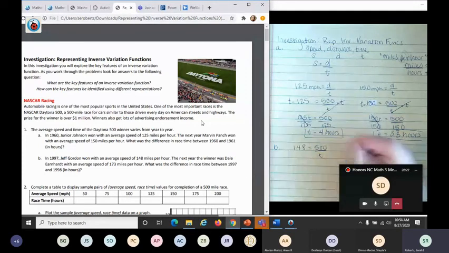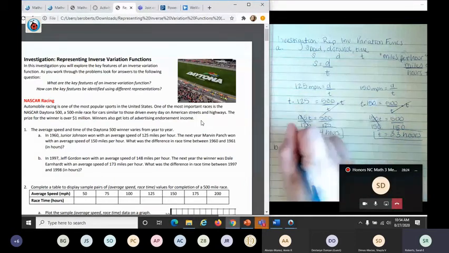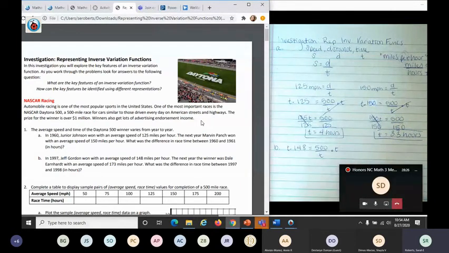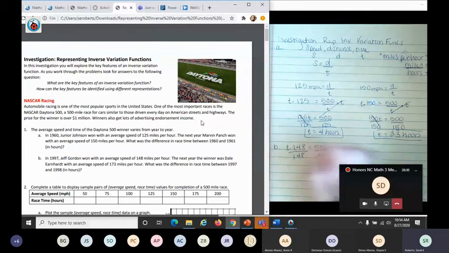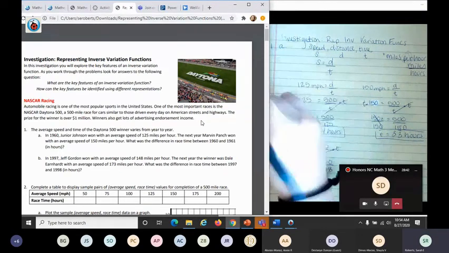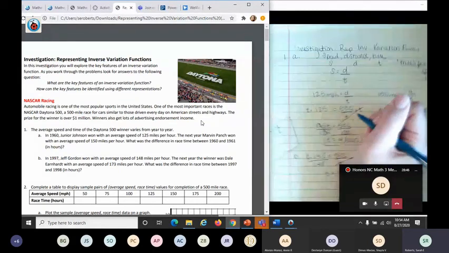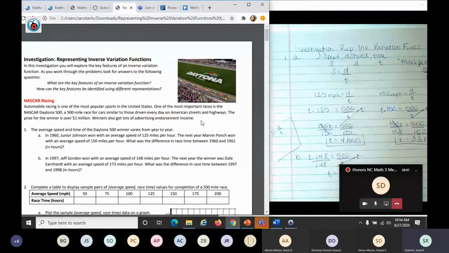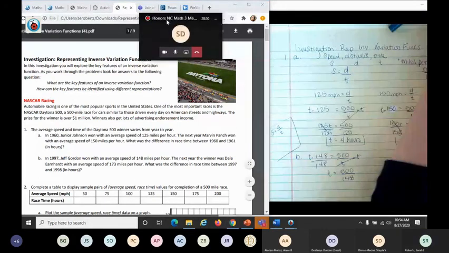So what Shayla said is, hey, I can multiply by T on both sides, get rid of it, and go ahead and divide, and recognize that every single time I will just be taking 500 and dividing by the speed. Okay, so in general, Shayla said that speed equals distance over time. I want time to be isolated.